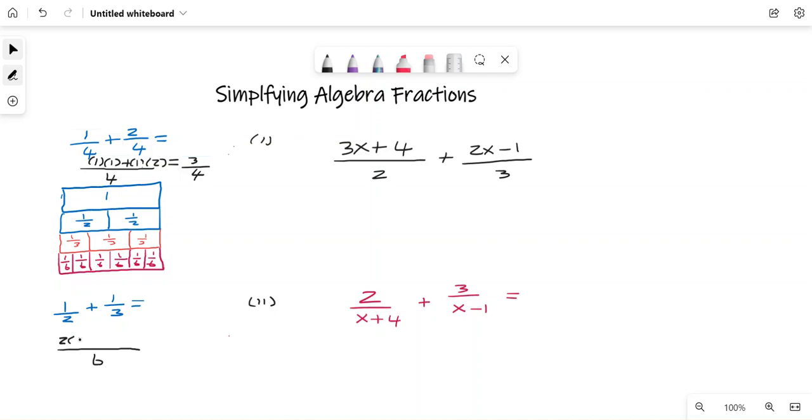Then 3 divided into 6 goes twice, and then 2 multiplied by the top part, 1. And that's going to be equal to 3 plus 2, which is 5/6.